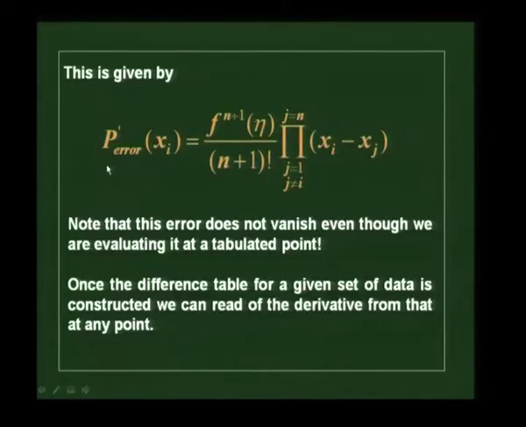Basically, this form of the error will give us only a qualitative idea about what the error is, and in most cases we will not be able to say the order of magnitude of this term. We can only say that it is of the order of the n plus 1th derivative.